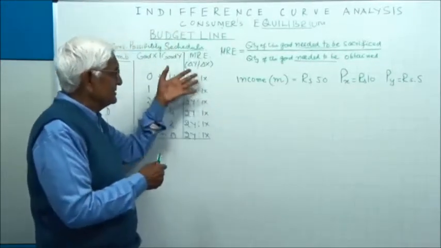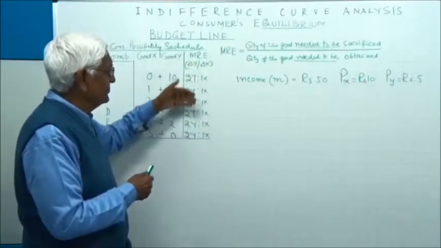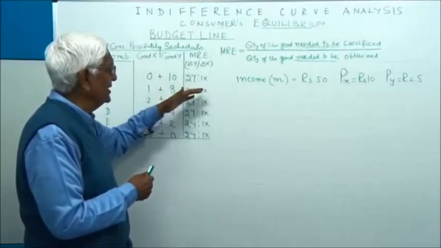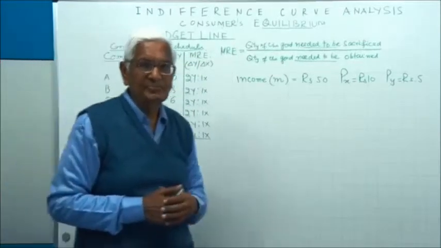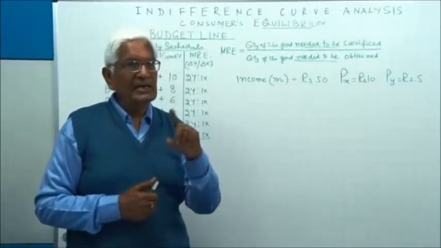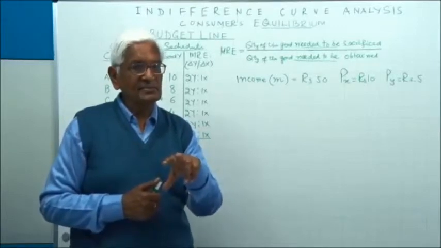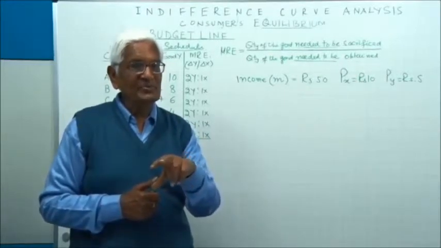We call this, let us say, exchange of Y for X. We call this market rate of exchange. Earlier it was MRS, marginal rate of substitution.